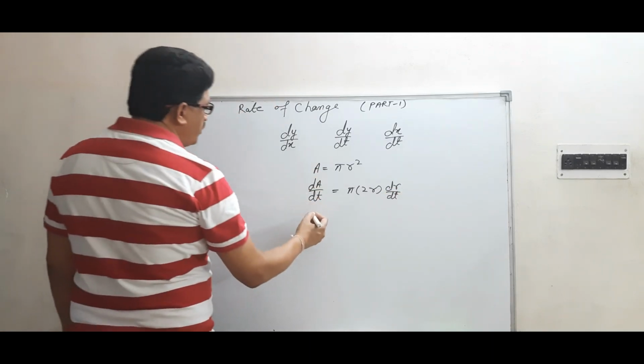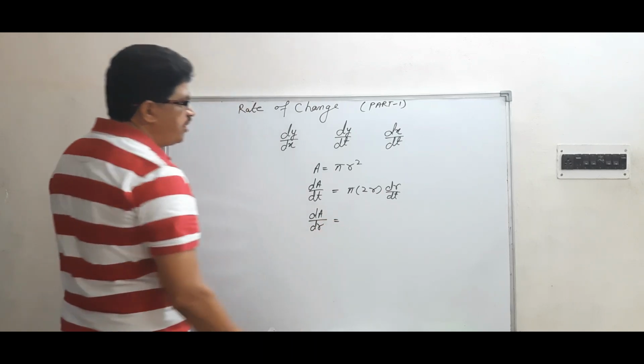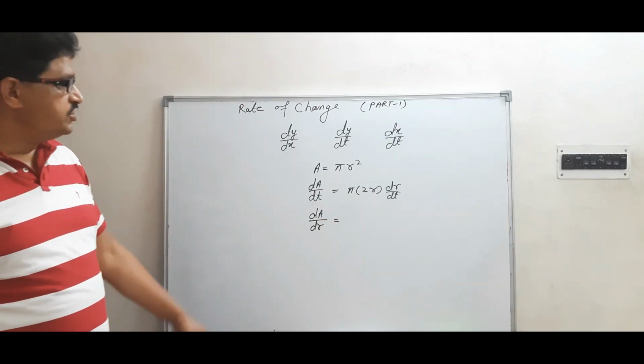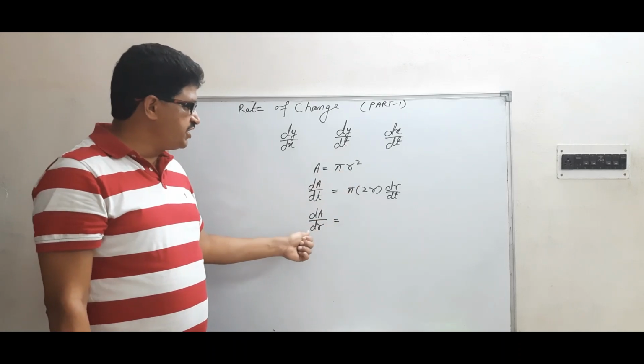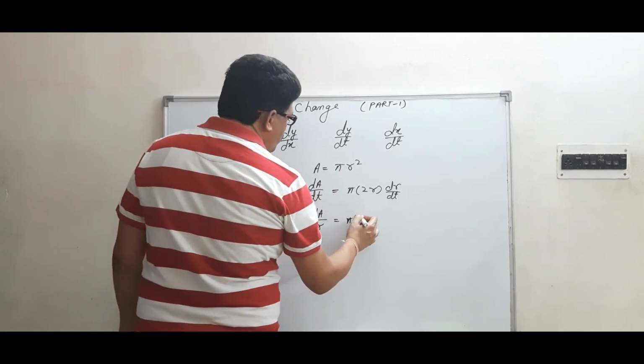If we want to find out change in area with respect to radius, we will write dA upon dr. Change in area of circle with respect to radius, it is now pi into 2r.